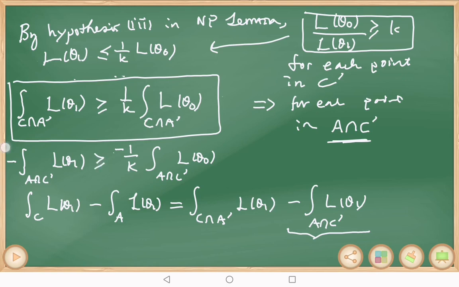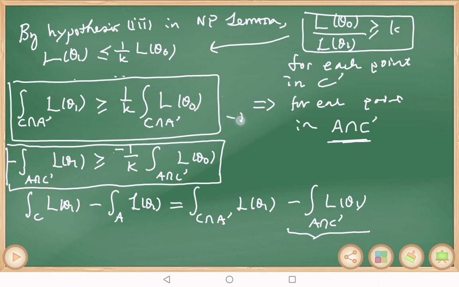Okay. So now we have these two results, these two inequalities, right? We can simply add both of them. We add 1 plus 2, right? So the left-hand side, if you add them together, you get this part.